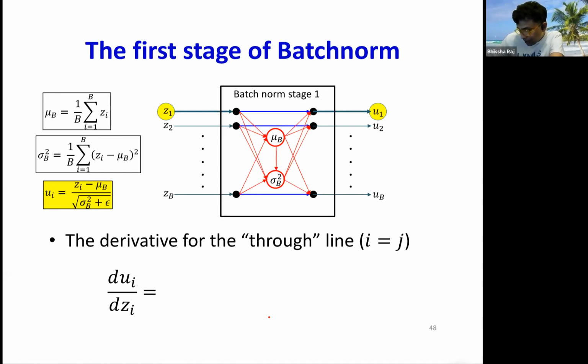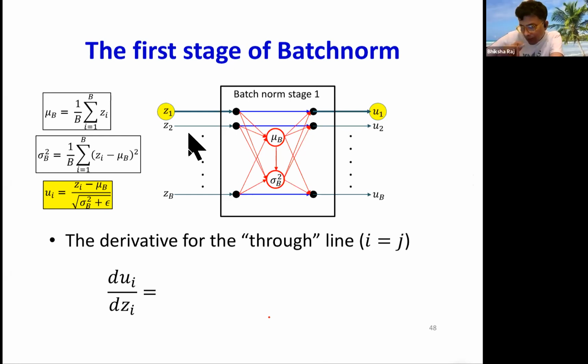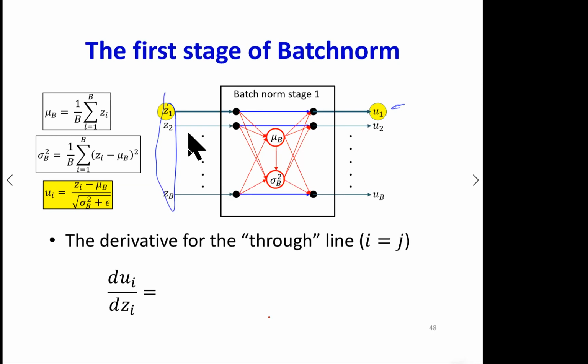And batch norm is really just a vector operation over all of the inputs in the mini batch. The first option says that every u is a function of every z. The second option says it's post-normalized.